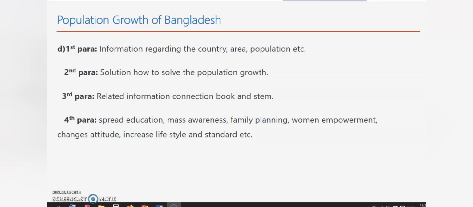In the fourth para, you will write about spreading education, mass awareness, family planning, women empowerment, changing attitudes, and increasing lifestyle and standard of living, etc. I hope all of you can write it properly by using your own knowledge and higher efficiency.